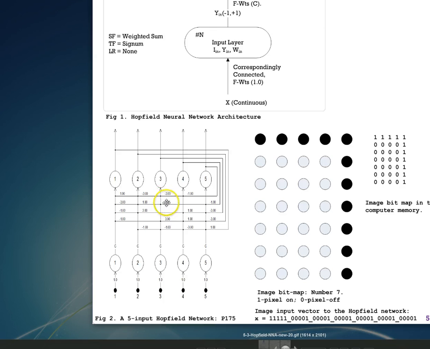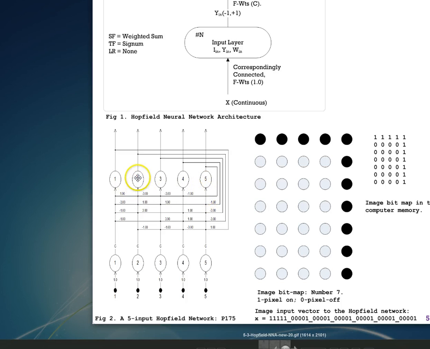Similarly, 5 is connected to 4, 3, 2, 1. Wherever there is a dot, there is a connection. If there is no dot, there is no connection. For example, 5 is connected to 1, 2, 3, 4, but not to itself. That's called no self-feedback.